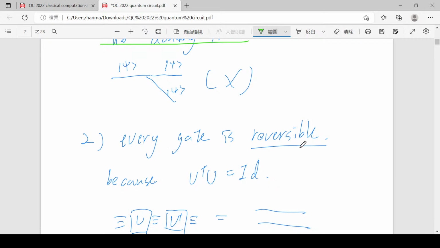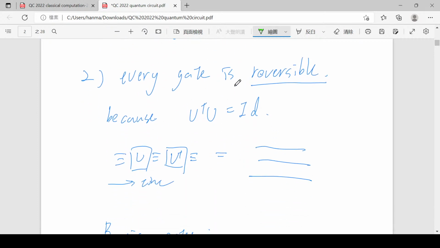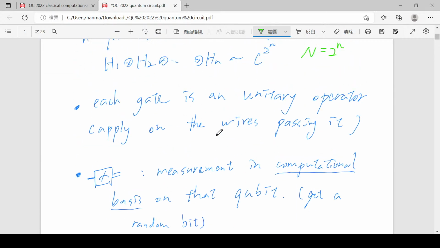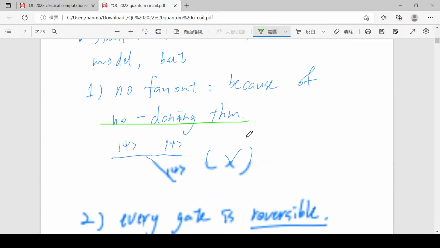And also, this is very easy to derive, but maybe you haven't thought about it. That is, every gate is reversible. This just comes from the fact that we say every gate is a unitary operator, right? Because from the basics of quantum mechanics, every gate must be a unitary operator.